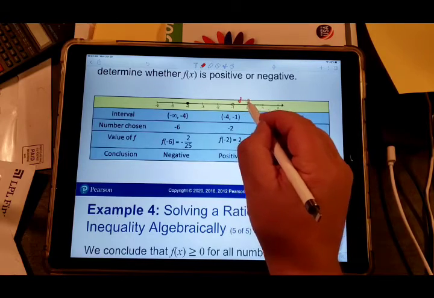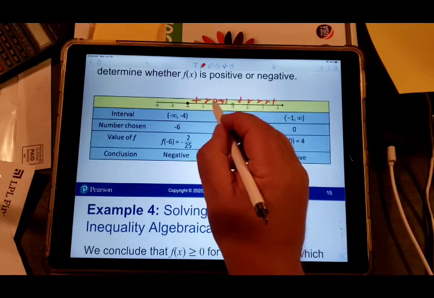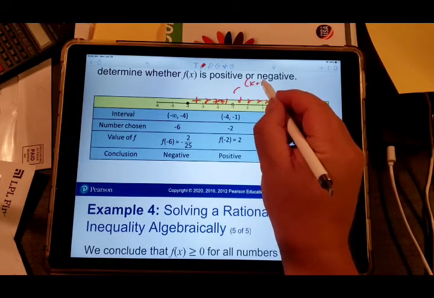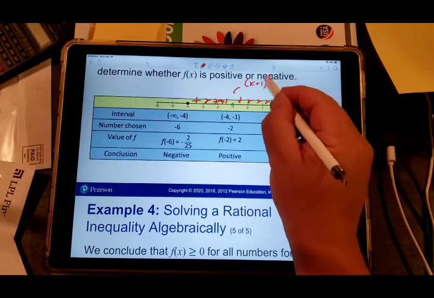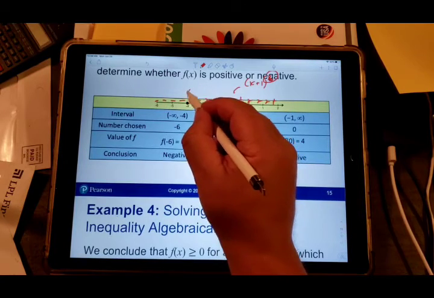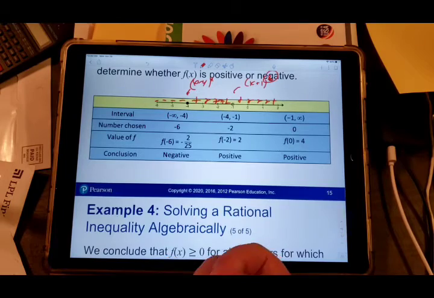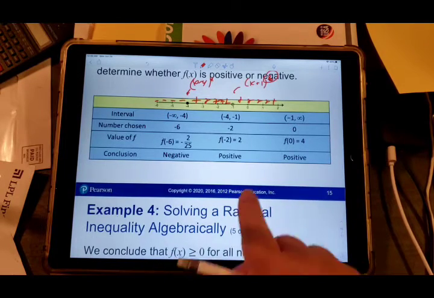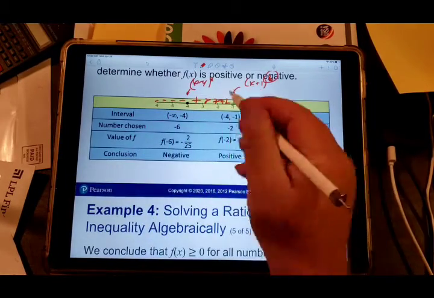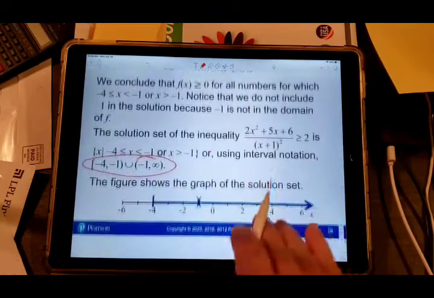And then putting your test points, knowing it's going to not change signs because of the x plus 1 squared was involved. The square, the 2, suggests it's not going to change signs. And it's going to change signs here because of the x minus 4 to the 1. Yeah. Gives us the same idea of positive, positive, negative, but in just a little less real estate on the page. So I don't really know if I like that table.